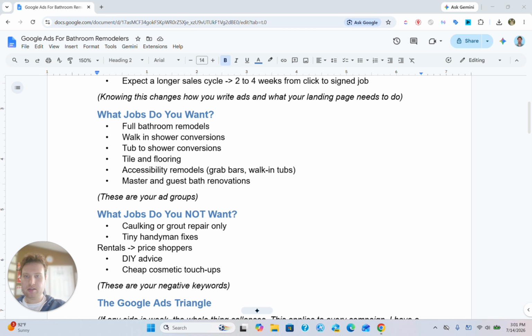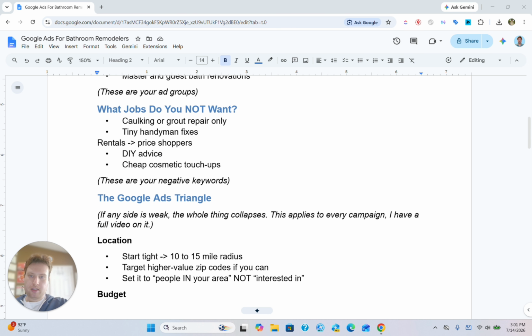And again, these will be dialed in further depending on your location and other factors that are dependent on your individual business. Now, when it comes to things you don't want, it'll usually be caulking or grout repair, unless you actually specifically do that. And in that case, that would be a separate campaign or ad group depending on your budget and size. Along with that, tiny handyman fixes.